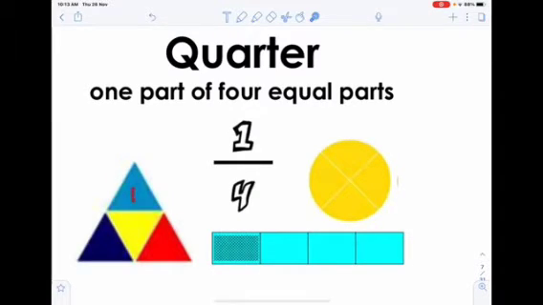Again in this triangle I have 4 equal parts. If I am considering only one out of these 4, then again it is represented as 1/4 or quarter or 1 by 4. In this circle as well, I have the circle divided into 4 equal parts. If I am considering only one part, then it is represented as 1 by 4 or quarter or 1/4. I hope all of you have understood, children.